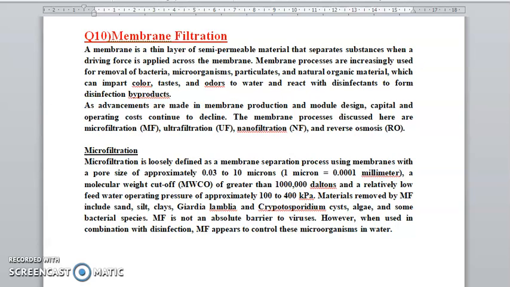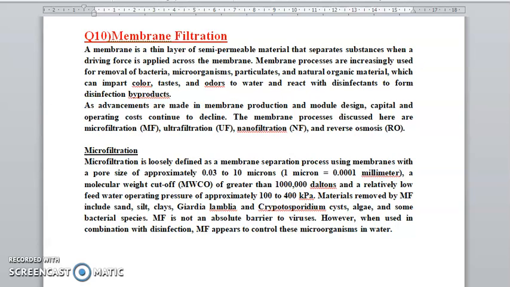Okay, that's the important question of membrane filtration. A membrane is a thin layer of semi-permeable material, and it separates substances when a driving force is applied across the membrane.